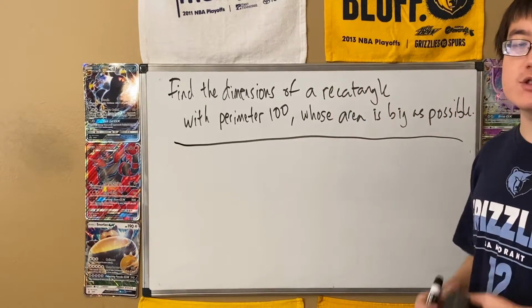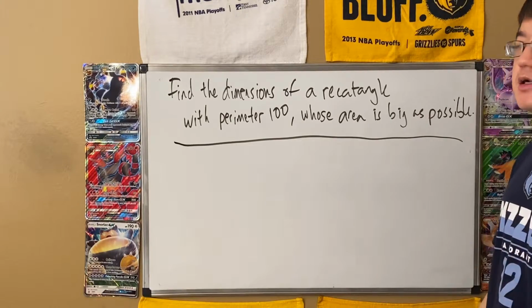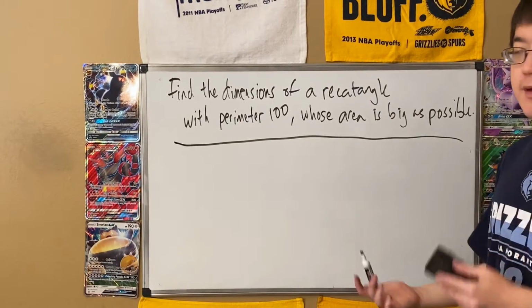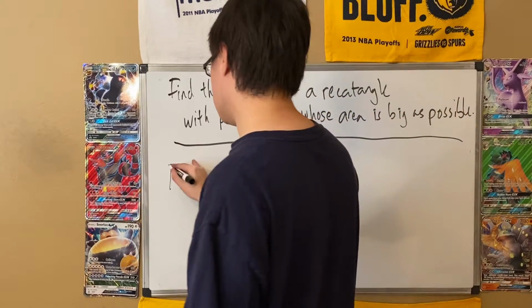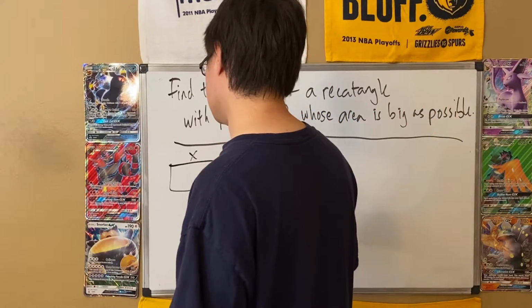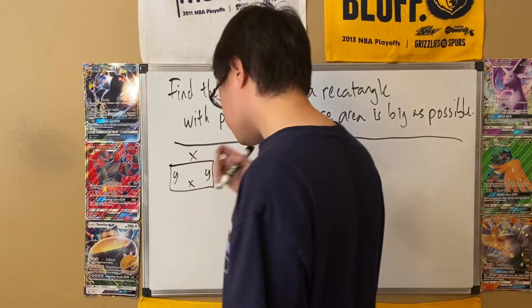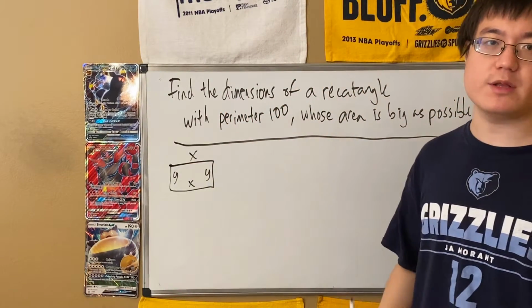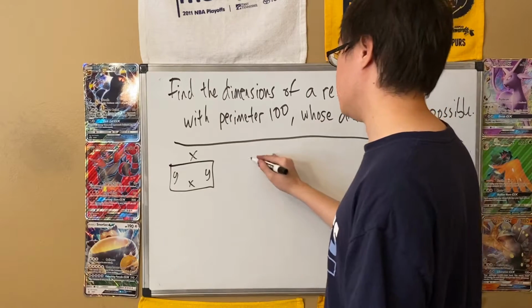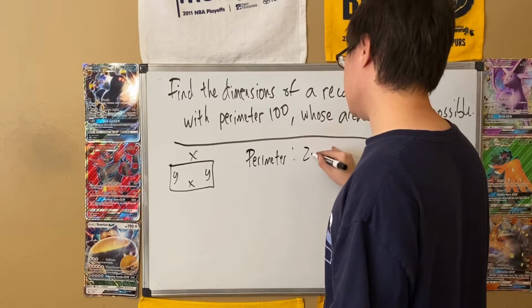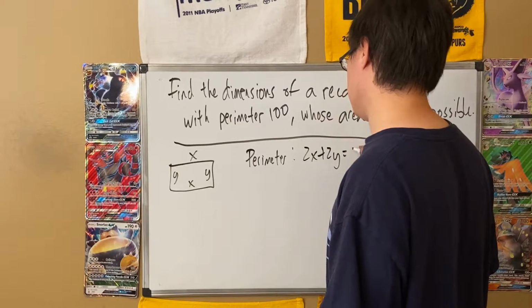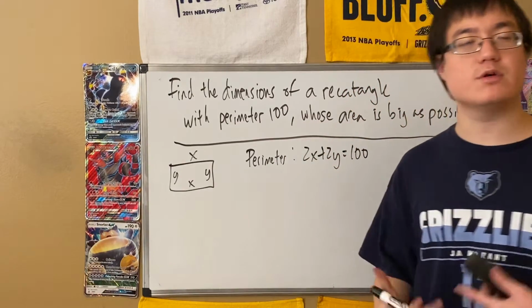First off, let's try to locate the constraint function and also the area, the thing we're taking the max or min of, which is the area function. When you have a rectangle, I'm going to call this x, x, y, y. Well, what's the perimeter? It's going to be 2x plus 2y equals the number. So perimeter is equal to 2x plus 2y is equal to the current number that we know, which is 100.